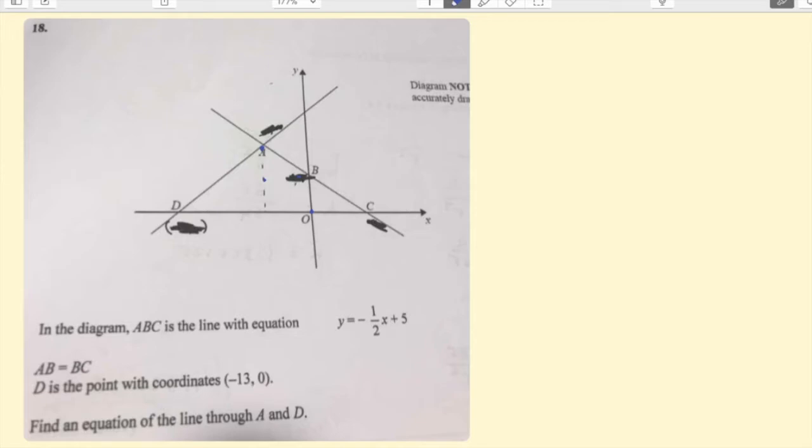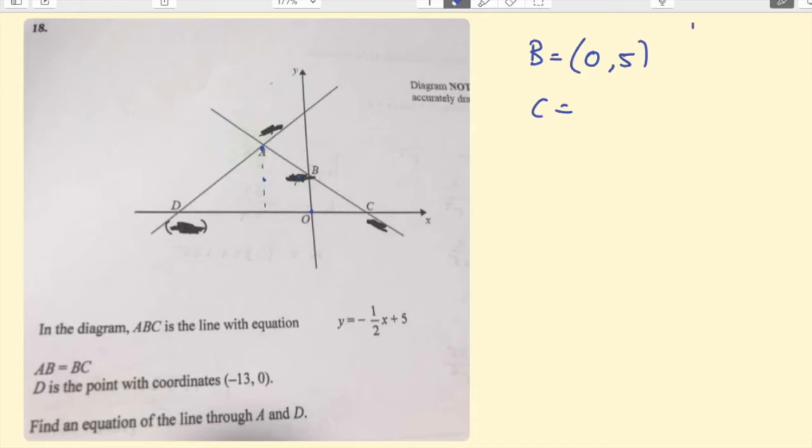Well, firstly, there are 2 points on the line ABC that we can find. The point B is the y-intercept, and that will be 0, 5, based on this equation. If x is 0, y will be 5. Point C will be the x-intercept, when y equals 0.